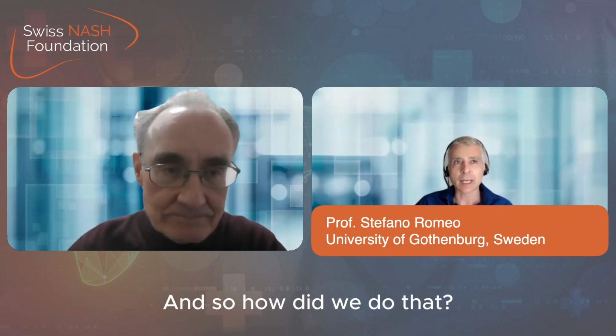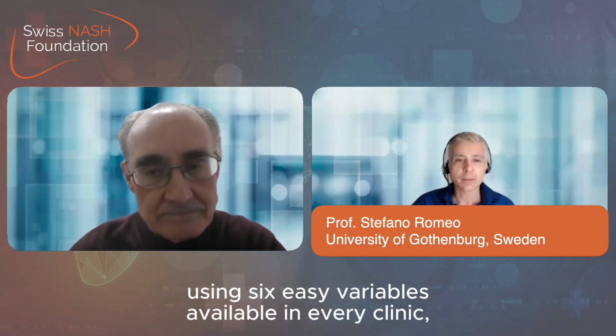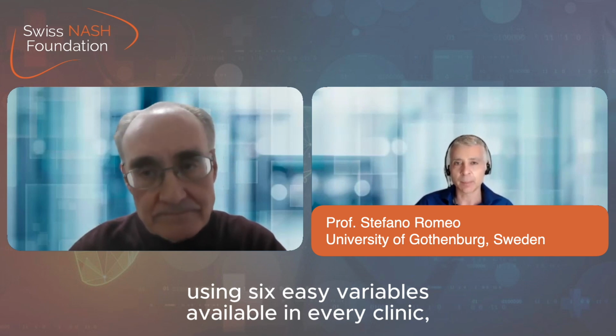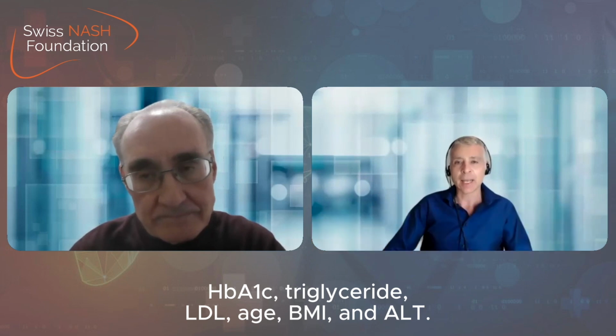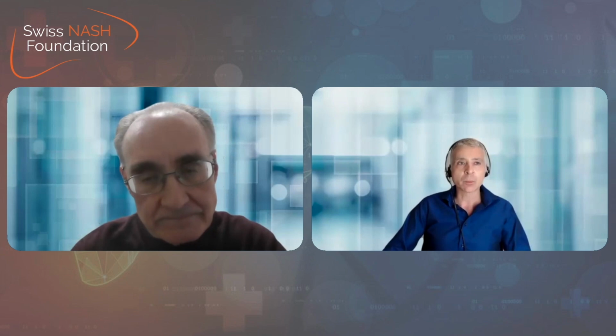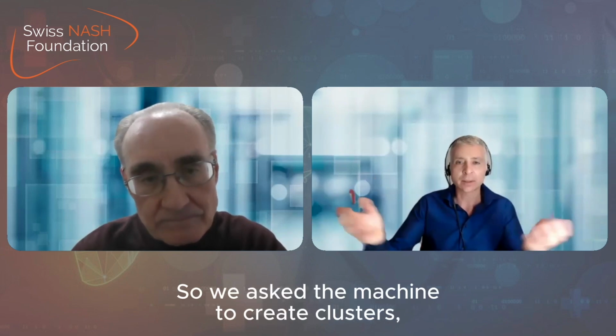And so how do we do that? We started with a simple clustering using 6 easy variables available in every clinic: HbA1c, triglyceride, LDL, age, BMI, and ALT. So this is unsupervised. We asked the machine to create clusters.